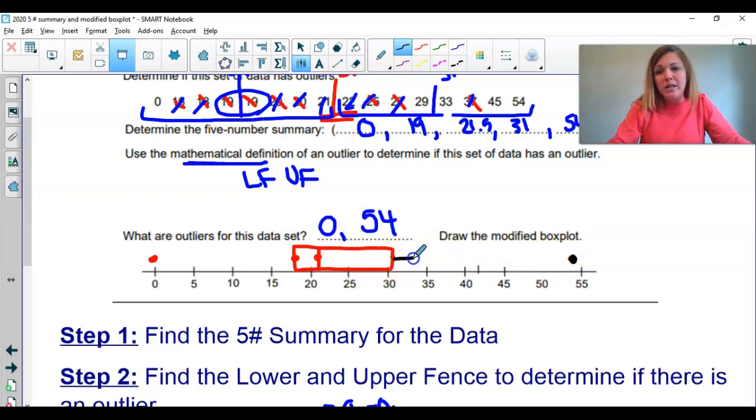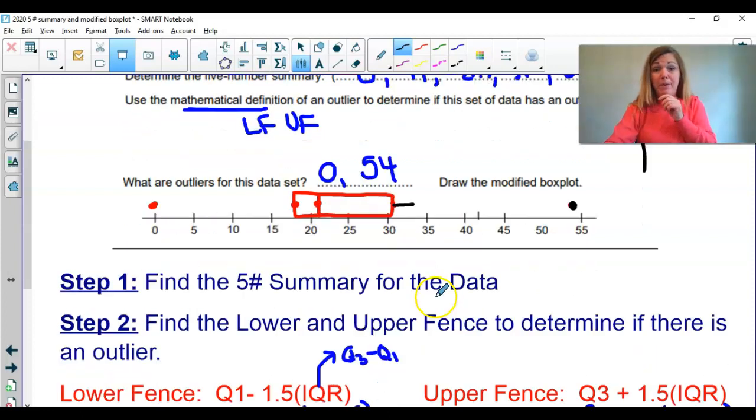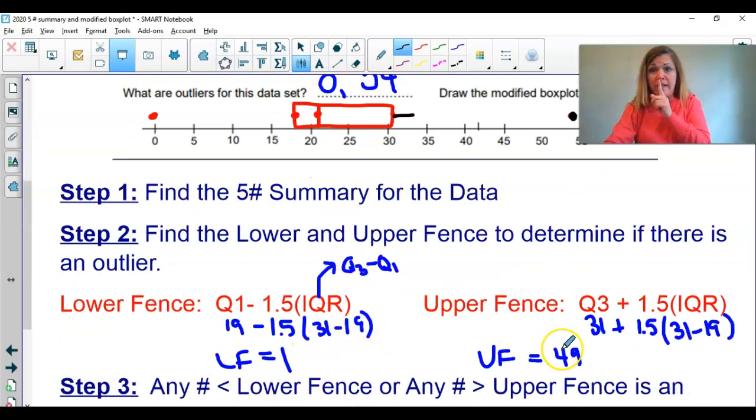Where does our whisker have to stop? What we need to do is go back up and look at the data set. 54 is an outlier. So that stays a dot right there. But we need this whisker. Well, where does the whisker go out? It does not go to the upper fence. Some people think it should go out to the 49 because that's the upper fence, but it's not.